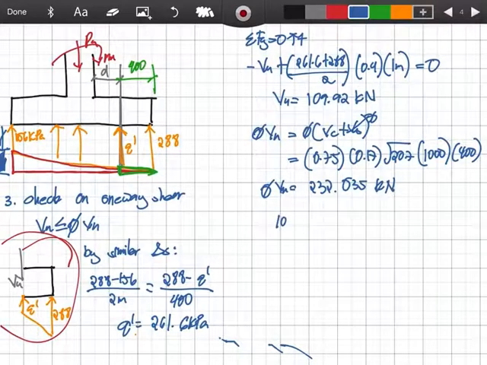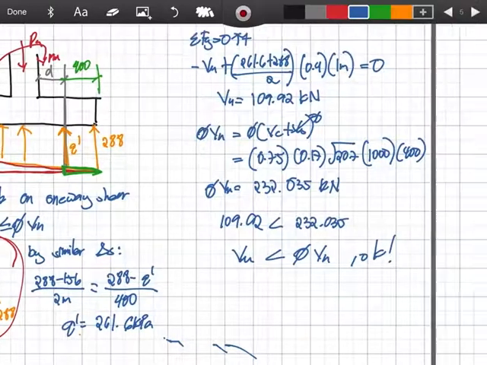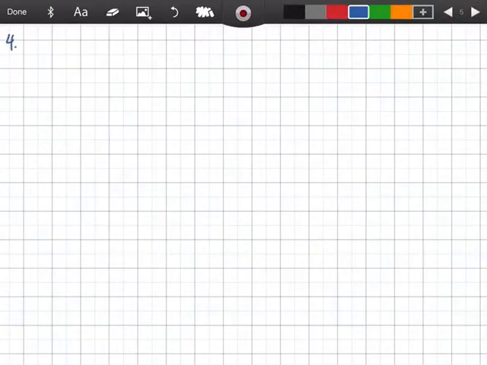So 109.92 is less than 232.035. Vu is less than phi Vn, so pasok sa one-way shear. Pero, nag-end na ba? Kampante na ba tayo sa depth ng ating footing? Not yet. We're going to check it on two-way shear.